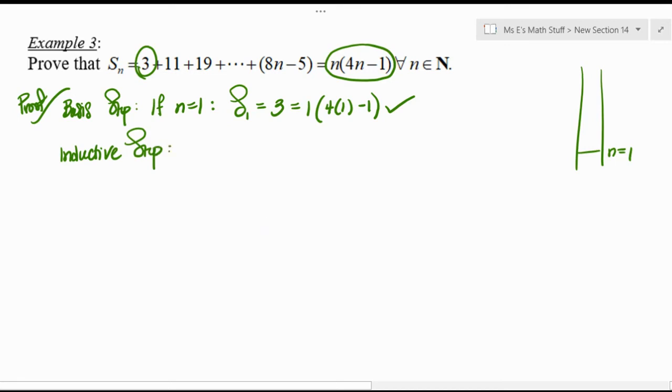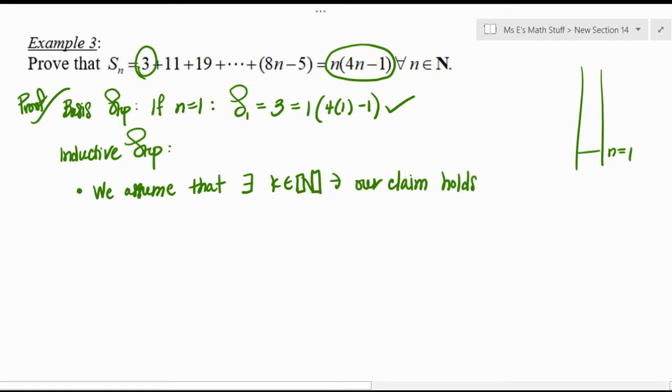Okay, so the inductive step has 2 main pieces. First, your assumption. So we assume that there exists some k value from the natural number set such that our claim holds true when n is equal to k.